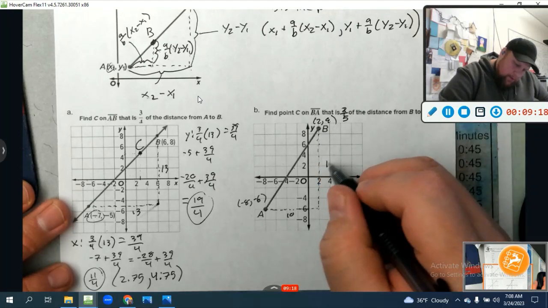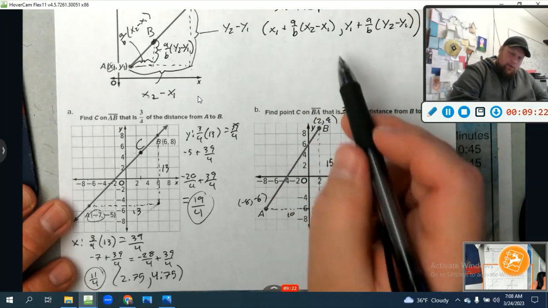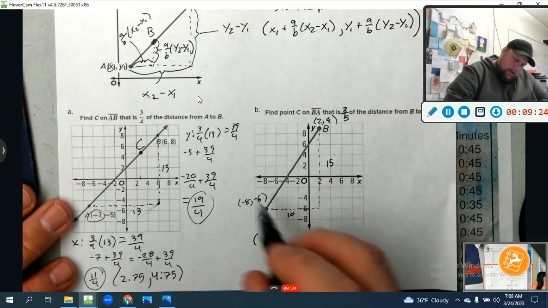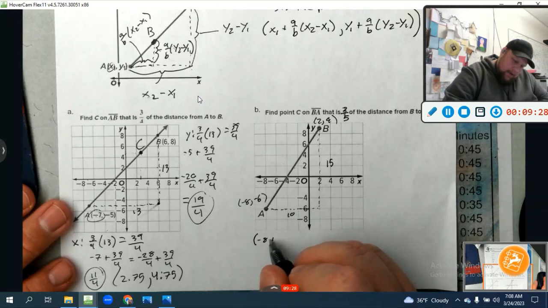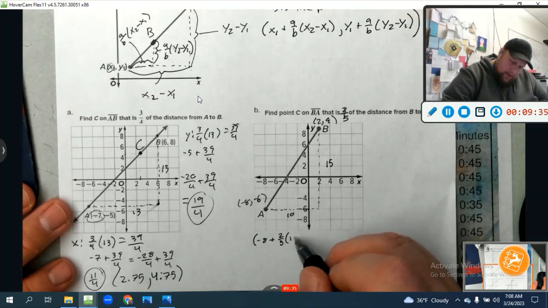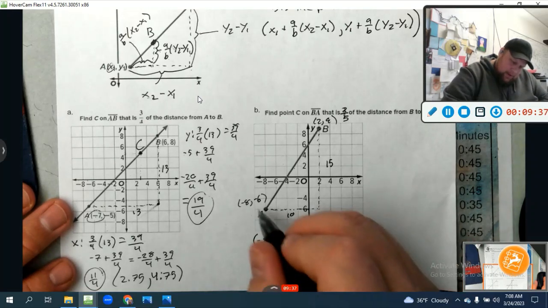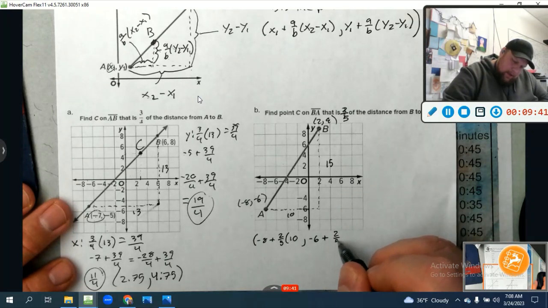So 15. Now I'm actually going to set this up using this formula up here, where I'm going to take my x1 value right here, right, which is -8. I'm going to say I need to add that to, what's the fraction? 2/5 times the distance, which is 10 in the x, and then my y is going to be the -6 plus 2/5 again times my distance of 15.